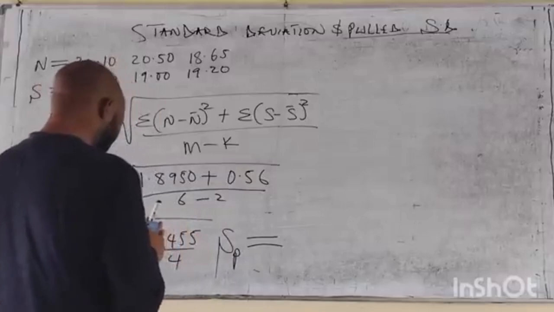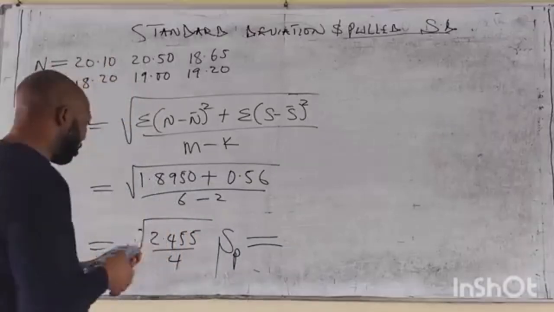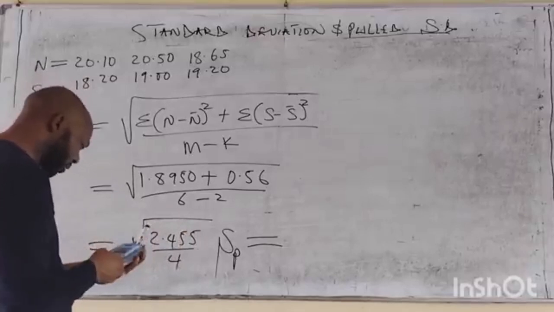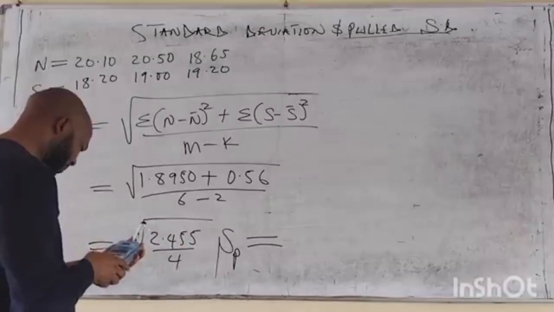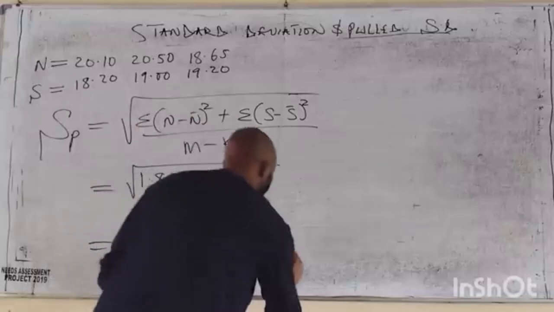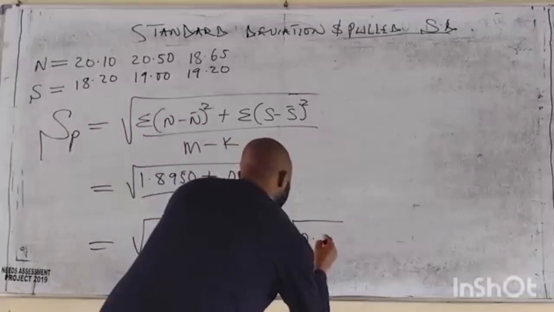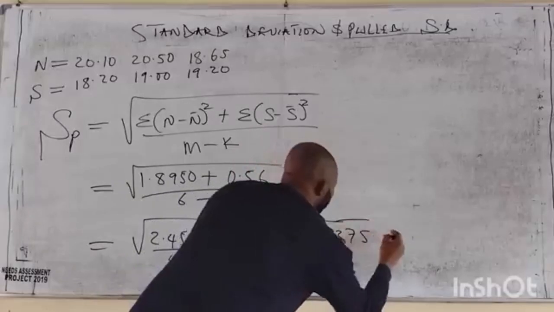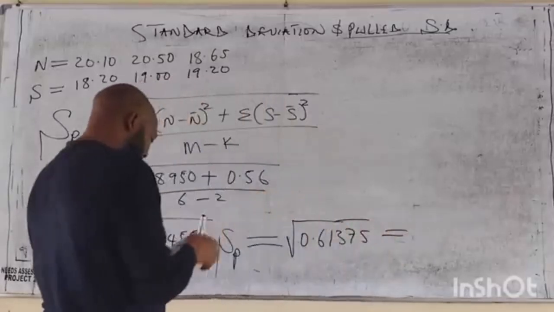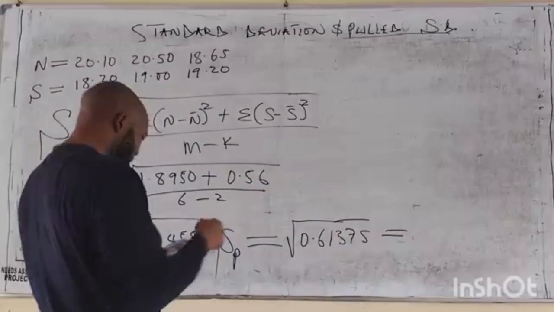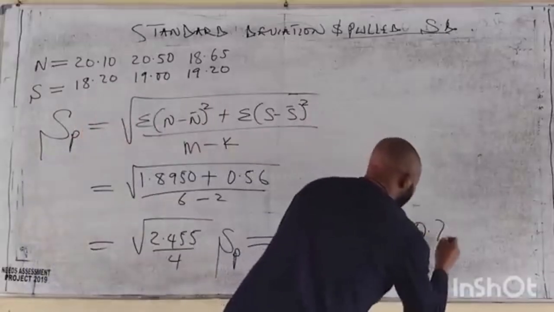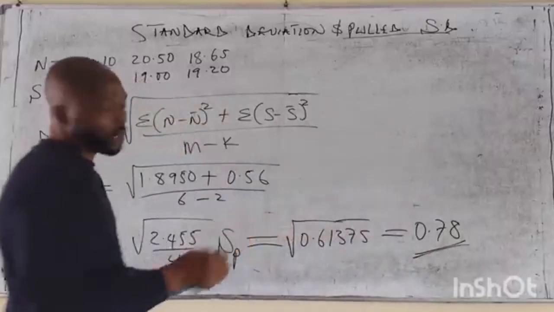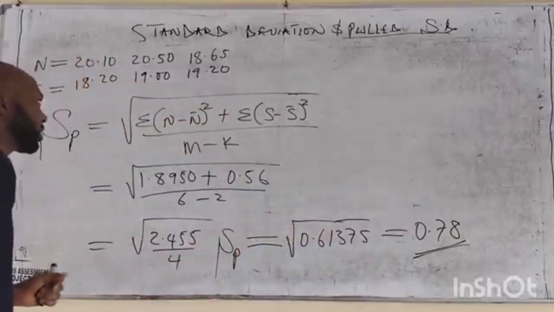When I divide 2.455 by 4, I have 0.61375. And the root of that would be 0.78. So the pooled standard deviation of the standard method and the new method was 0.78.